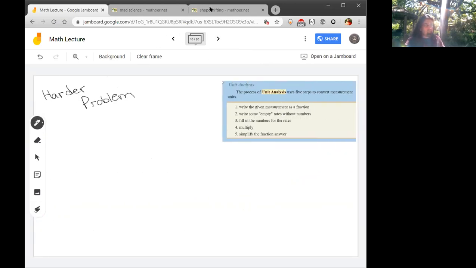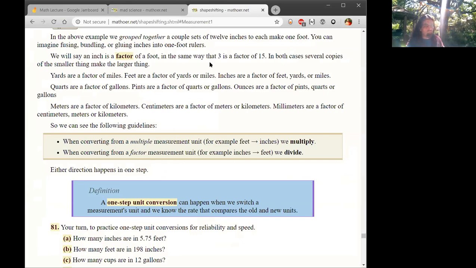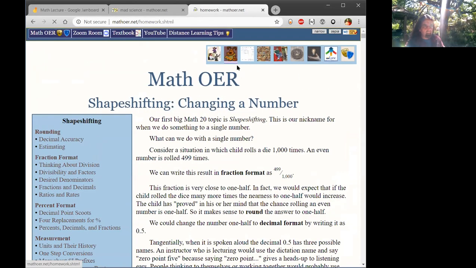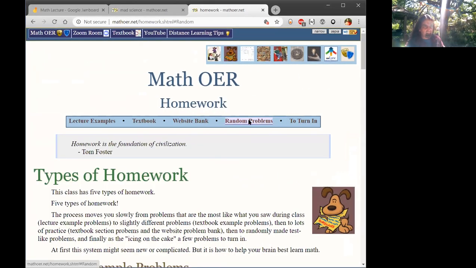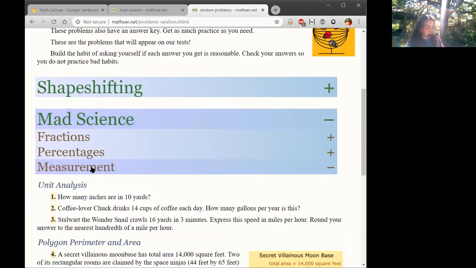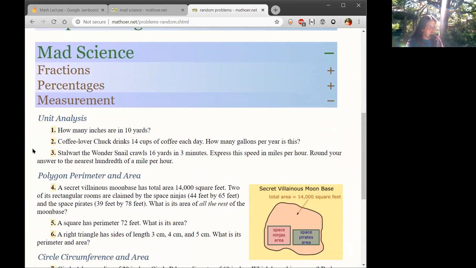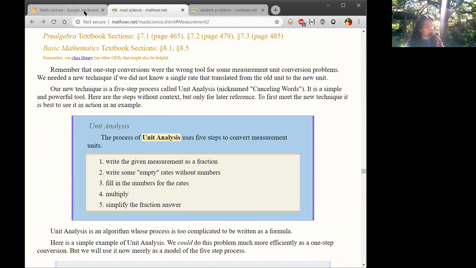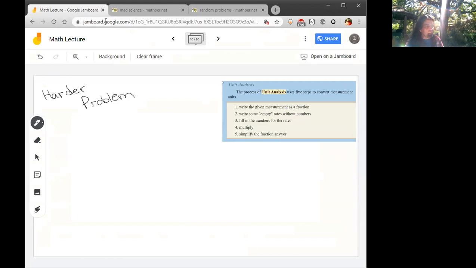So let's do one from the homework. I'm not sure why it says round your answer. I don't think we need that anymore. I should get rid of that. Pasting, paste, there you go.